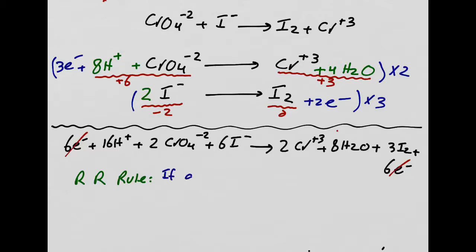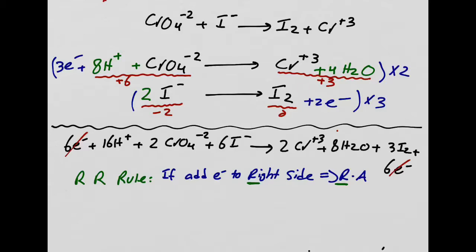If you add electrons to the right side, that is the reducing agent. Which means the other one is going to be the oxidizing agent. Okay, so let's do this one together. Again, if you add electrons to the right side, that's your reducing agent. We call it the RR rule.